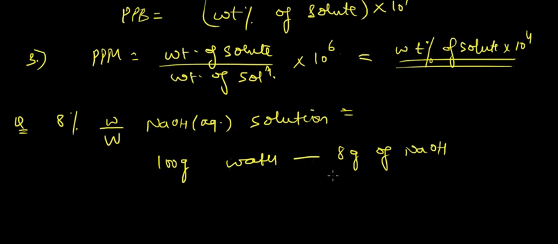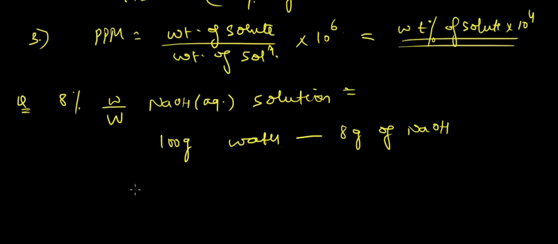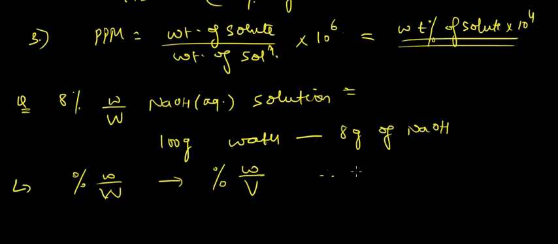Okay, so now let's say we want to convert percentage W by W into percentage W by V. Volume of water can be calculated as mass upon density of water.